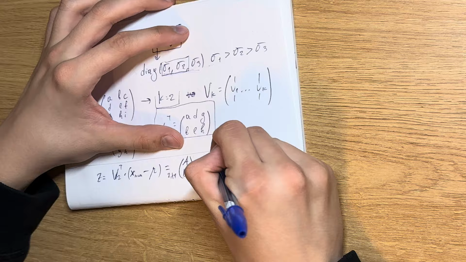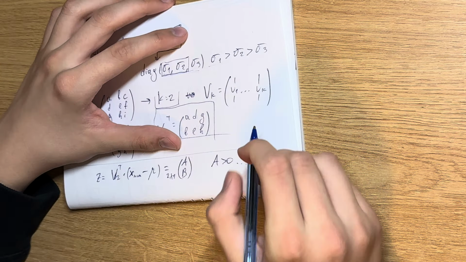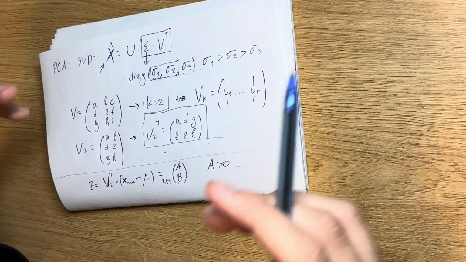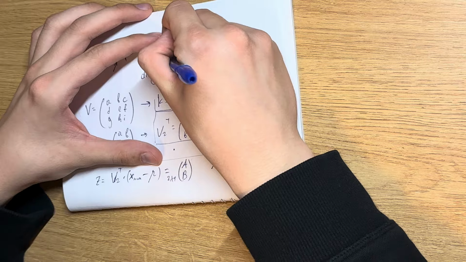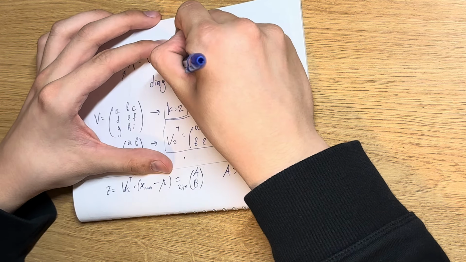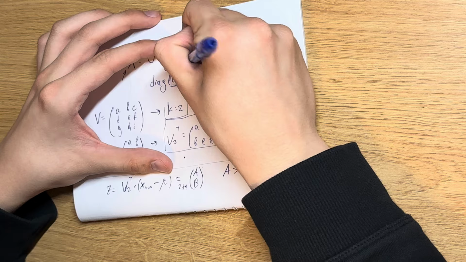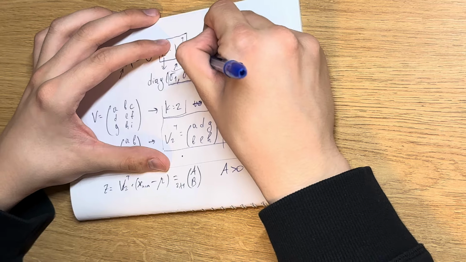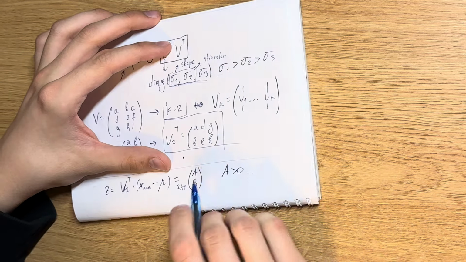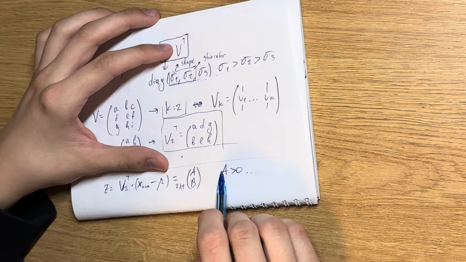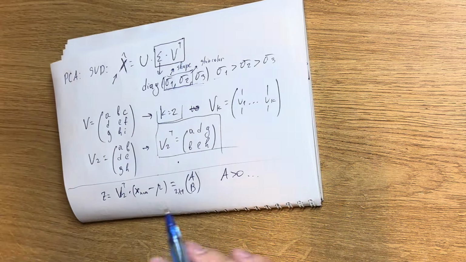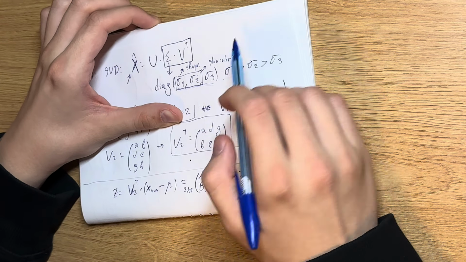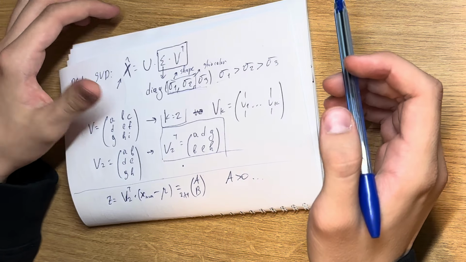Let's consider a. If a is greater than 0, the person is more likely to have that feature. For example, if sigma 1 describes the shape of the face and sigma 2 is skin color, then if a is greater than 0, it means that the person is more likely to have exactly that shape.